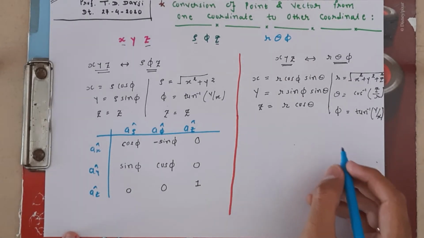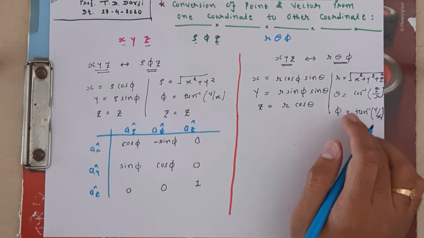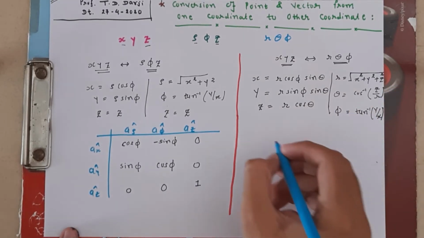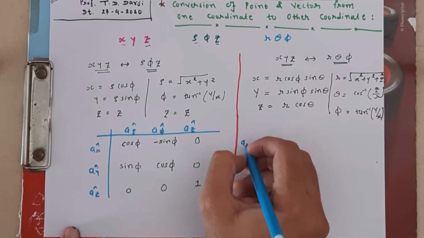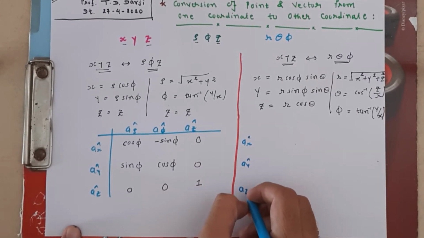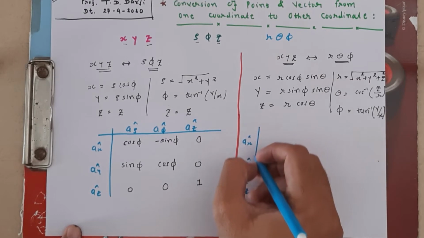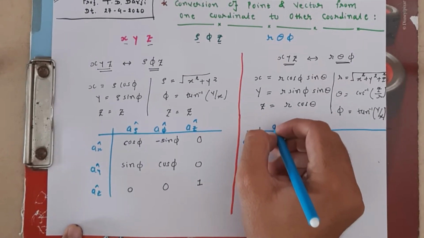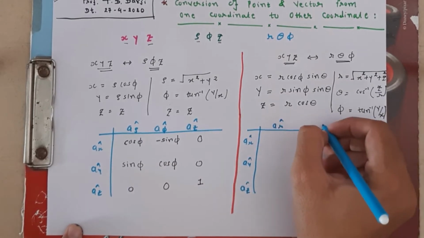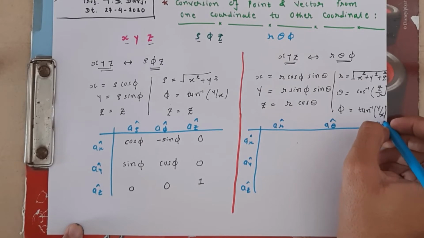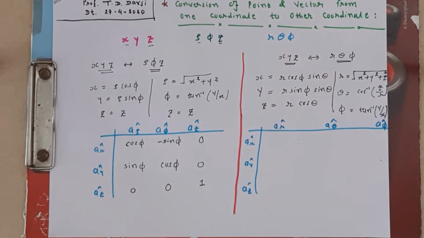So this topic is left; we did not discuss it in our last lecture. Here it is ax, ay, az, and here ar, a theta, a phi. Now what do I have to do?